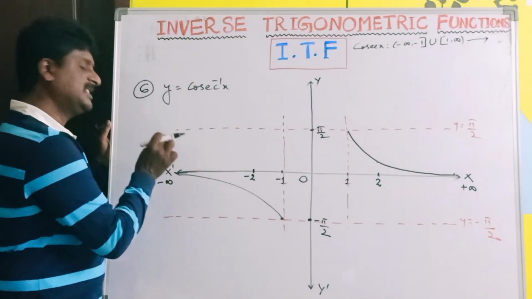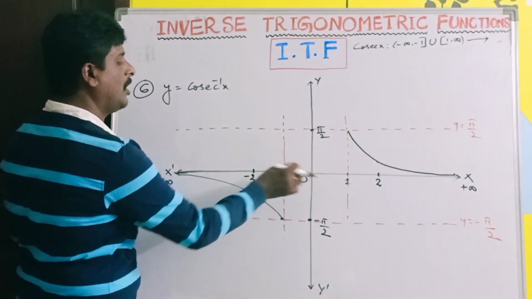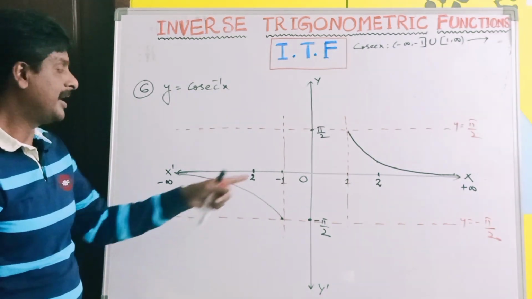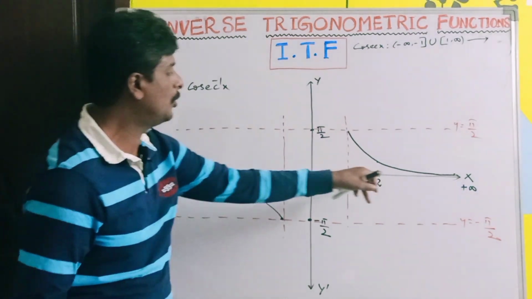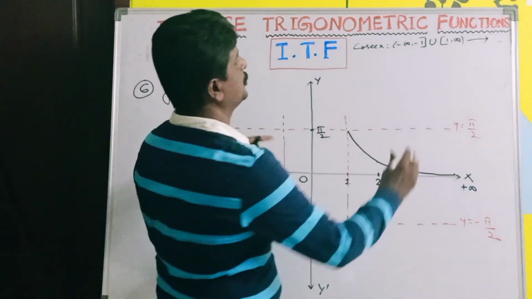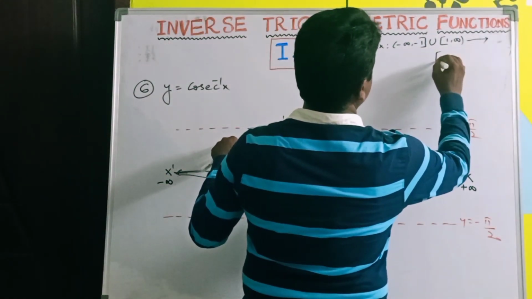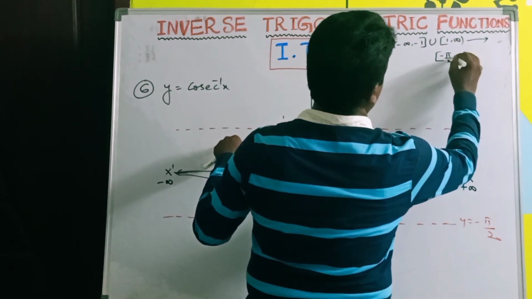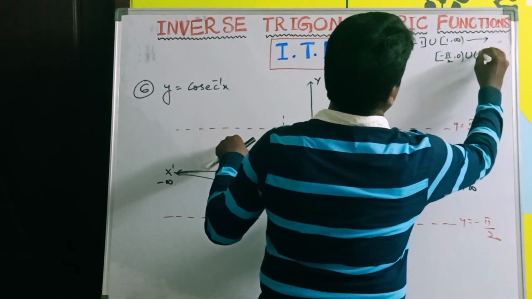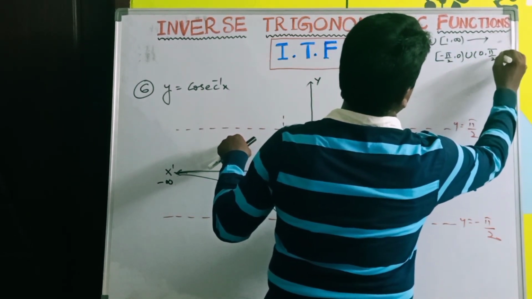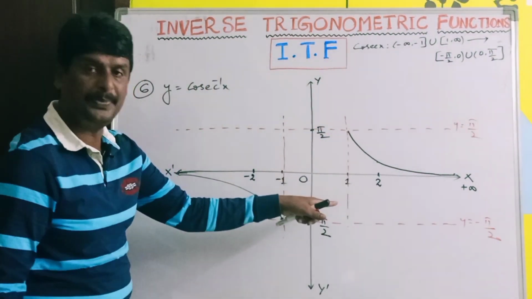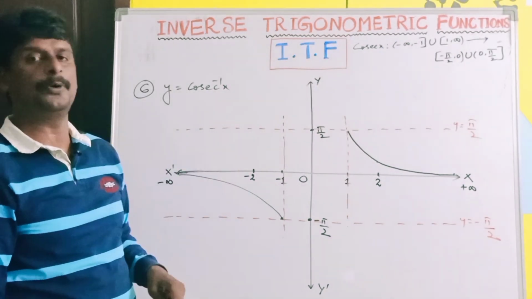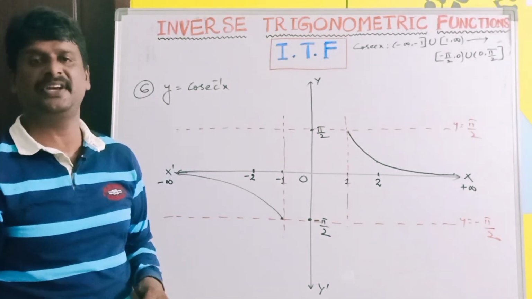If it touched the x-axis, 0 would also be included in the range. So at 0 it is open: minus pi by 2 to 0, and again 0 to pi by 2. Closed minus pi by 2 comma 0 open, union, open 0 comma pi by 2 closed. The graph can be equal to pi by 2 but cannot be equal to 0. That's why at 0 I am writing an open interval.